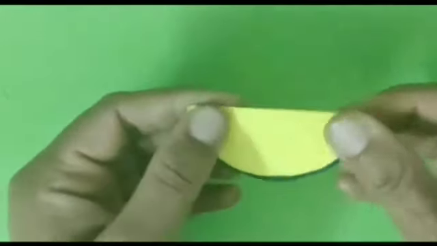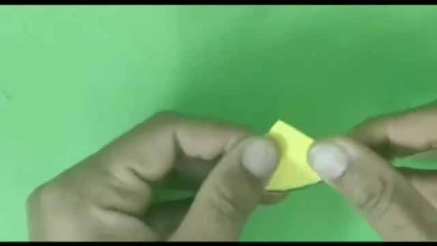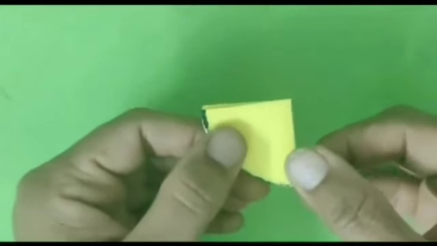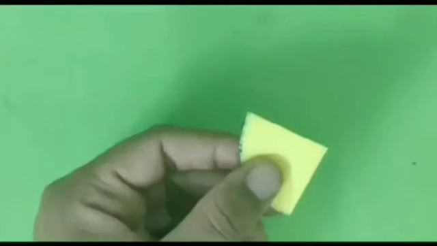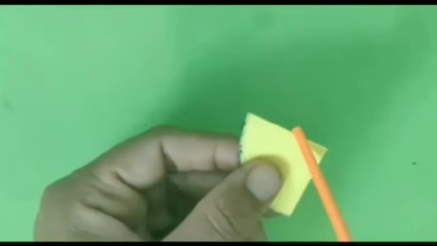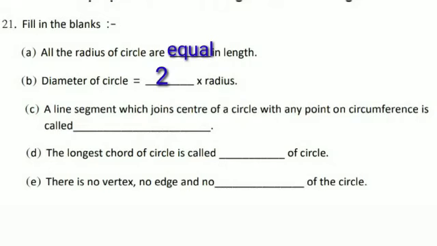Now again fold it into two more equal parts, and thus we get a pointed peak that is the center of the circle O. Now the distance between the center and a point on a circumference is known as the radius of the circle. So here OA is the radius of the circle. So we will write radius here.